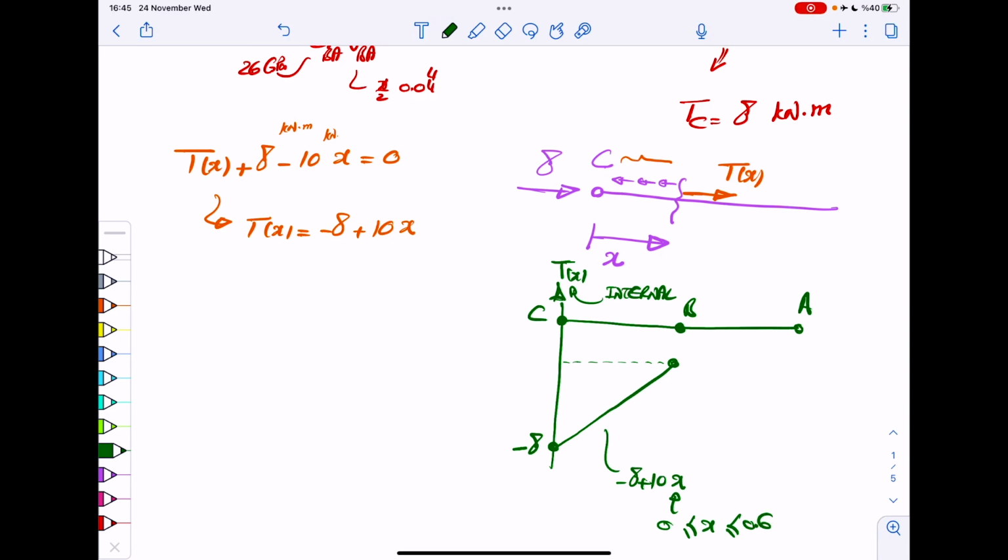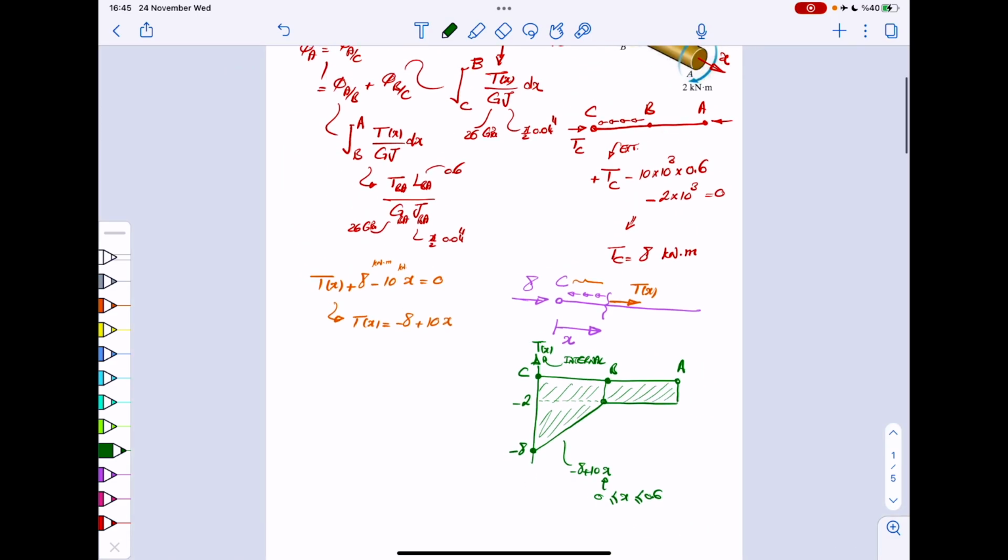So if x is 0.6, then it becomes minus 2. And then between B and A, it's just constant. So this is your distribution of internal torque.